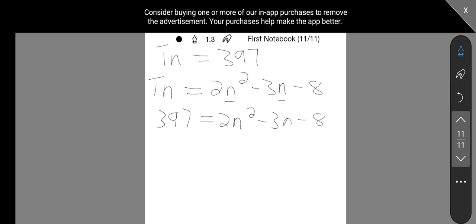Let's treat it as a quadratic equation, and let's take the 397 to the right hand side and equate it to 0. So 0 is equal to 2n squared minus 3n minus 8 minus 397.